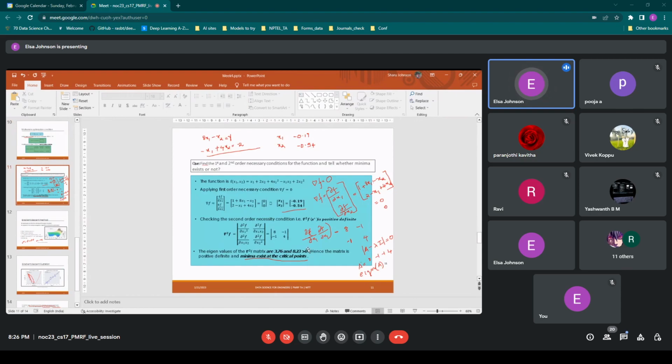So if you look at this one, the question that we have solved, this is the Hessian matrix for that one. Okay, is that clear, Aditya? Okay, any other doubts?